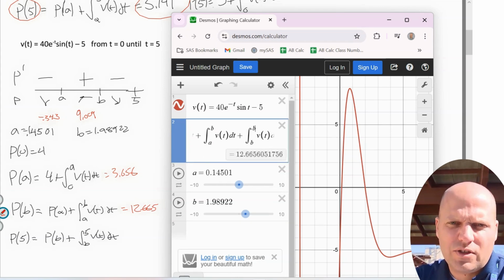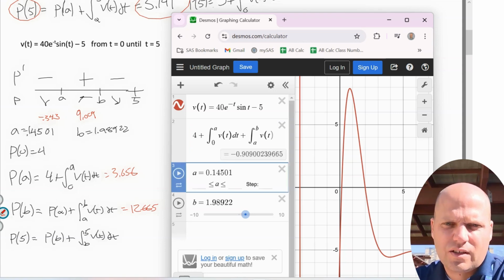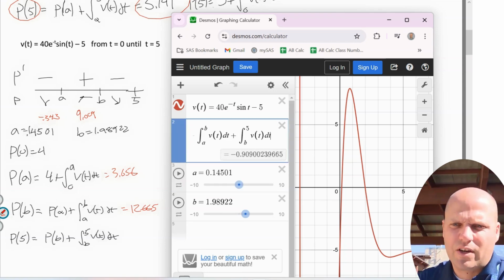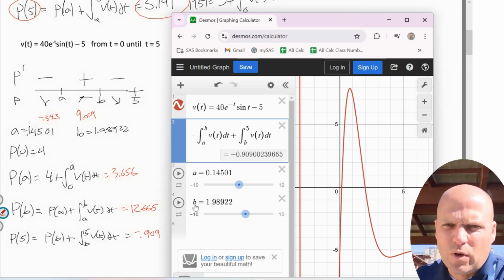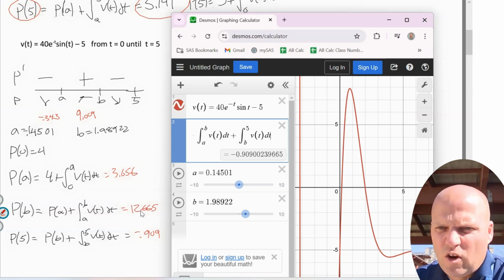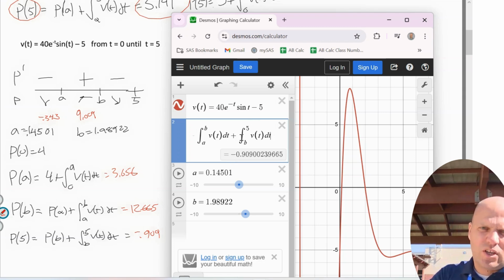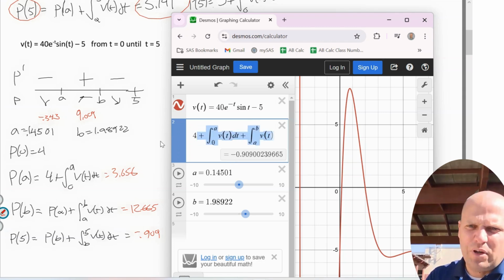And then I'm going to add my integral from B to 5. So one thing is you can't copy and paste this number down very easily, whereas in the calculator it does copy down very easily. And if you wanted to, you could see, all right, if I get to a position of 12.665 and I go all the way down to -9, I bet you the accumulation of my velocity from B to 5 is going to be close to -13.